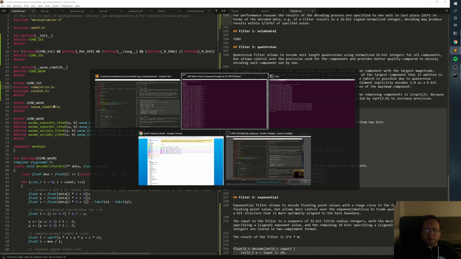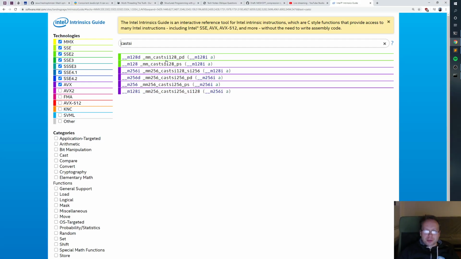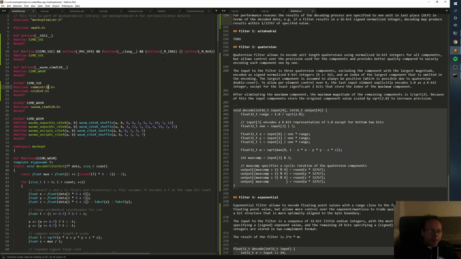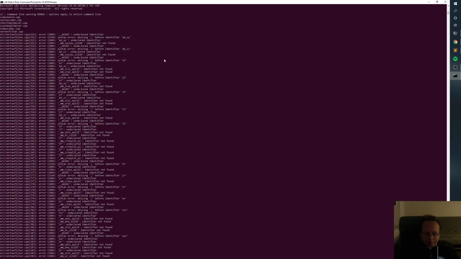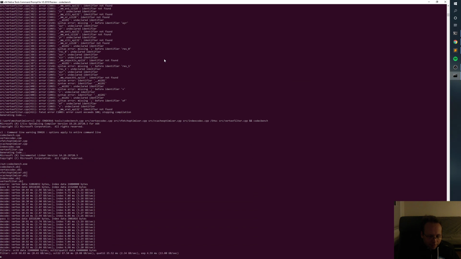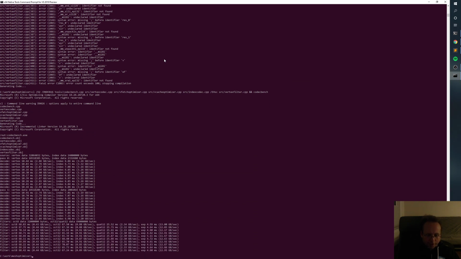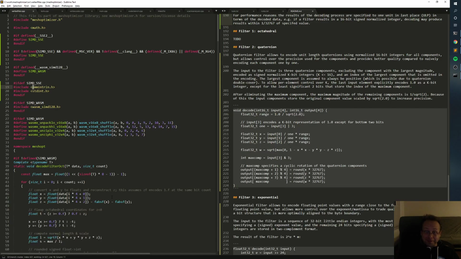Is it not exponential? Which intrinsic header is this? Oh, it's EMM. Alright, so now once we fix that, Microsoft's compiler runs at 2.3.